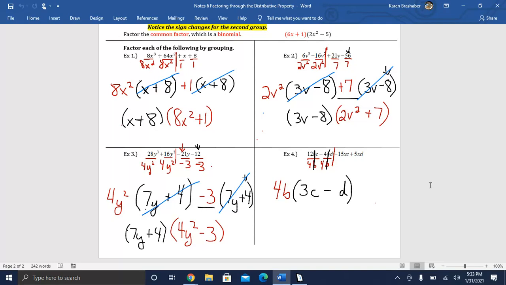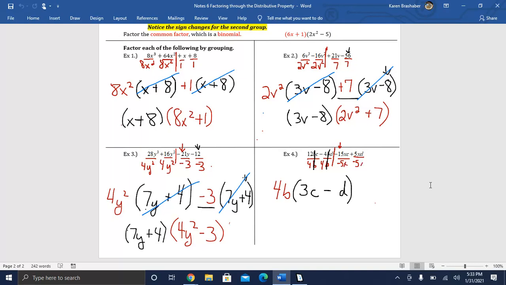What can negative 15xc and positive 5xd divide by? So again, I'm going to try to think of this third term. If the third term is negative, I have to divide by a negative. Both of these divide by 5, and they both have x's.